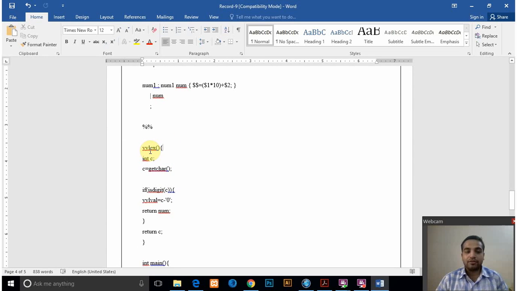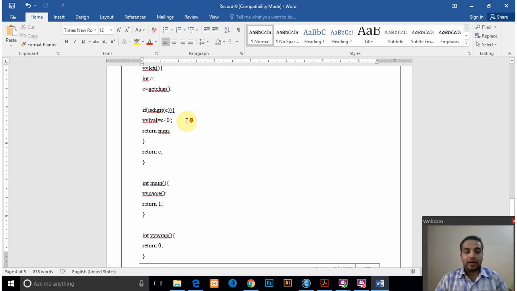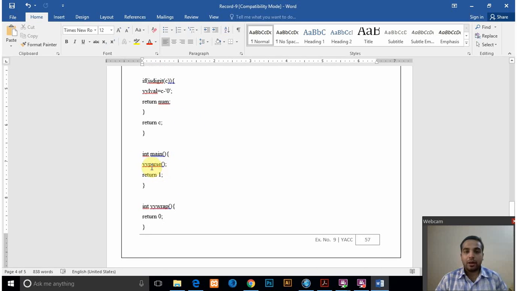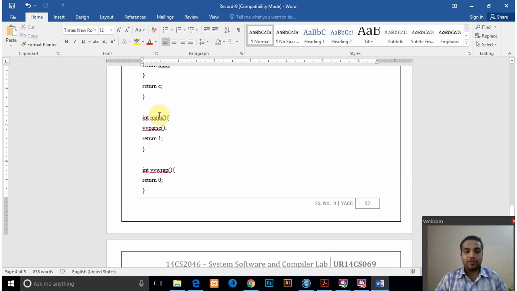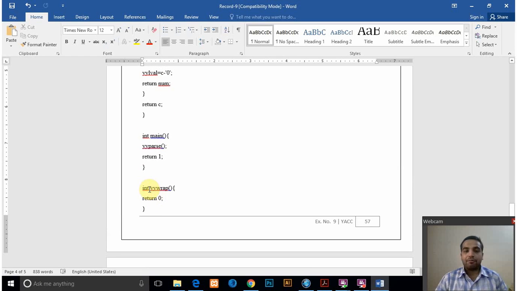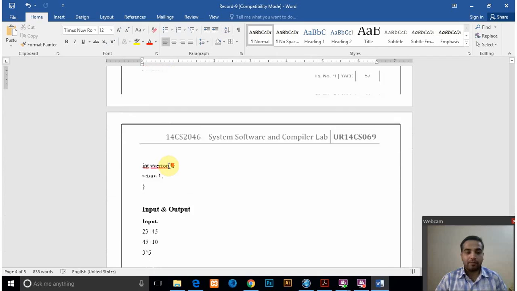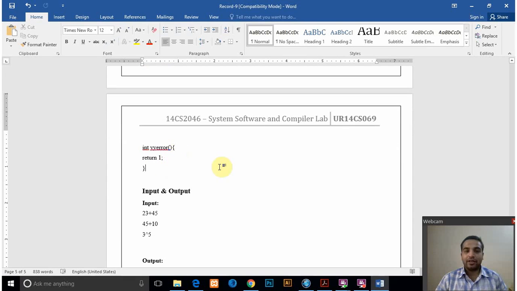Next, we have to come to the function yylex. From here, we will invoke the root, and from main we will parse it, and yywrap means that once we have finished main, yywrap will indicate that now it's the end of the program. And if we get any error, we return 1.